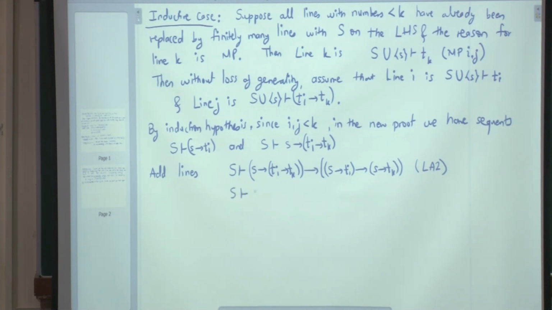Then now I can use MP. The first part of the implication is precisely given. So then S implies Ti implies S implies Tk, the reason is MP on the previous two lines. And then once again I can use MP because S implies Ti, we already have a proof over here. So therefore S implies Tk by using reason MP.